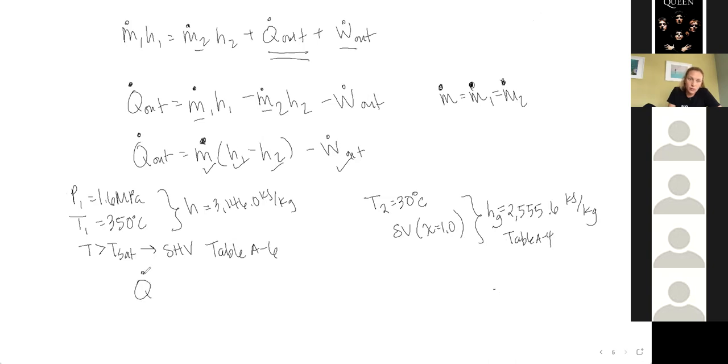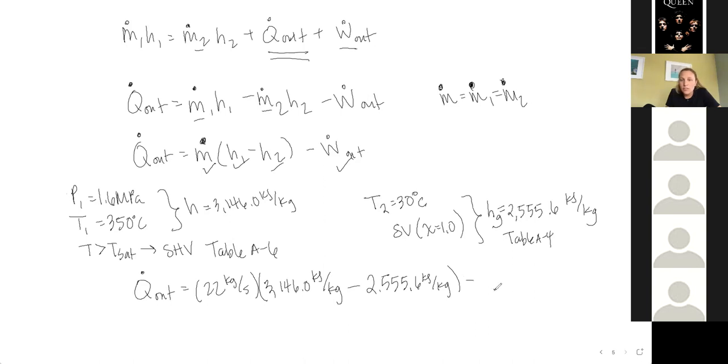So Q out is equal to 22 kilograms per second as our mass flow rate, times our H1 value, which is 3,146.0 kilojoules per kilogram, minus our H2 value, which is 2,555.6 kilojoules per kilogram.